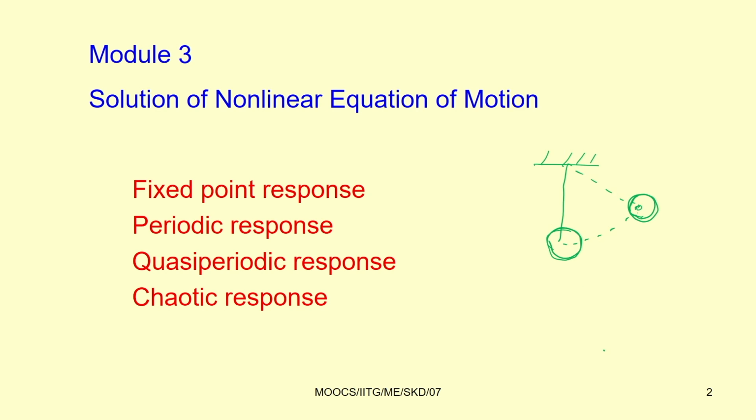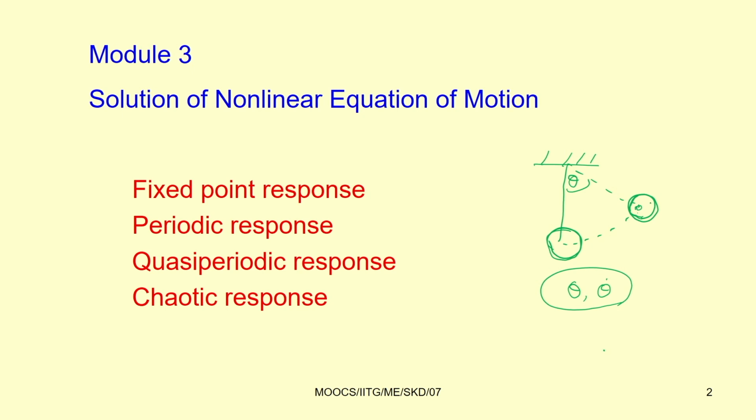This displacement is theta, and the angular velocity is theta dot. These two parameters are known as the state vector. By using these two state variables we can represent the motion of the system.